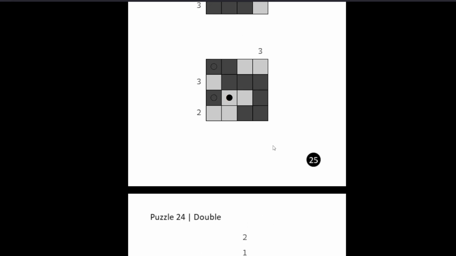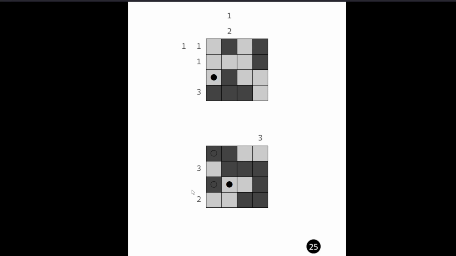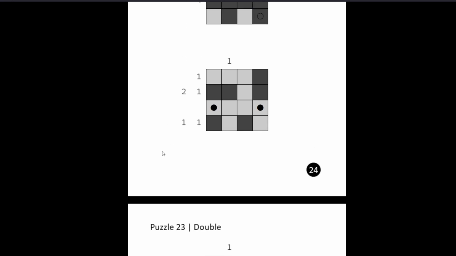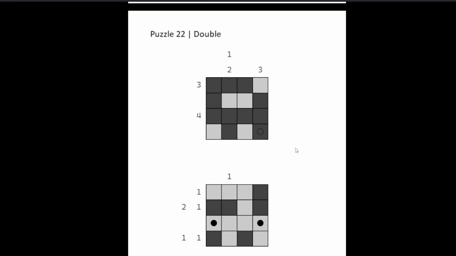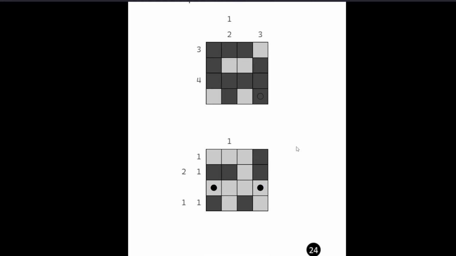Is that something we can do with all the other stacked puzzles? No. This is never going to be connected. So that's not it. I mean, are we able to connect in both directions? I don't think so. Am I doing these all wrong?